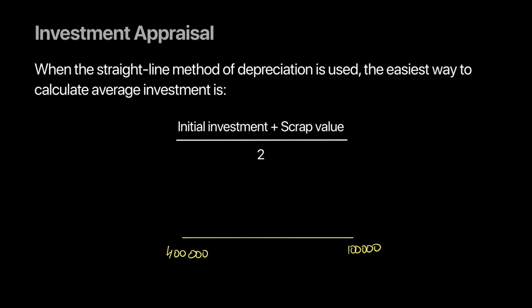So in this case, your average investment should be 400,000, that's your initial investment, plus scrap of 100,000, that's the value of the machine at the end of its life, upon 2, which should give you $250,000. That's the mid value of the machine, and that will be called average investment from the perspective of ARR. So whenever you are supposed to calculate ARR, find the mid value or average value using this equation: initial investment plus scrap upon 2.